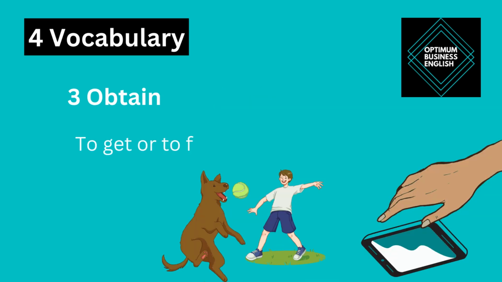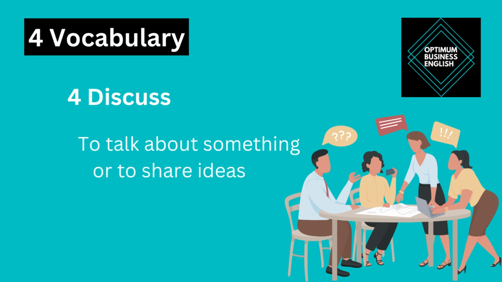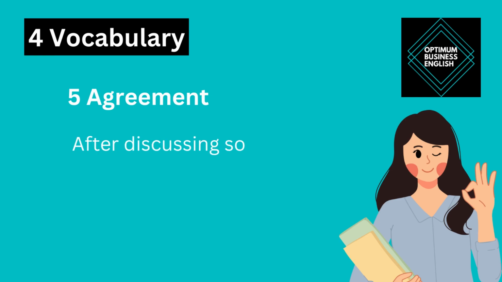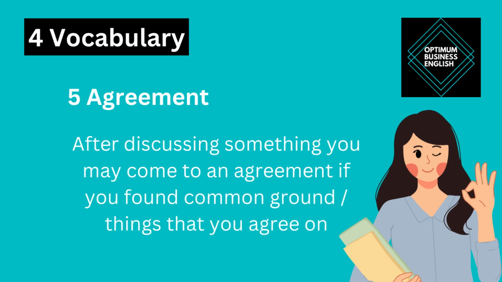To obtain means to fetch or to get something, whilst to discuss means to talk about something or to share ideas and opinions. Agreement. After discussing something, you may come to an agreement if you have found common ground or things that you agree on.